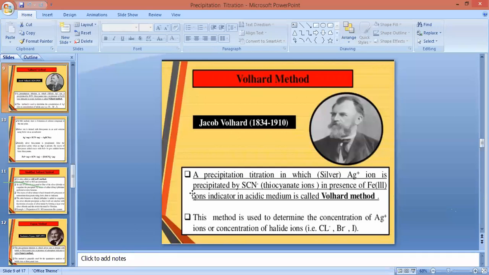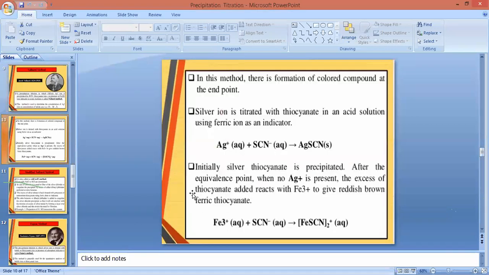Initially, since we add the standard solution of precipitating reagent into the conical flask itself, there is formation of precipitate between the analyte, that is halide ion, and the standard solution of AgNO3. A point will come when no more halide is present in the conical flask to react with the AgNO3. So the excess amount of Ag is then back titrated with the ammonium thiocyanate, which is filled into the burette.